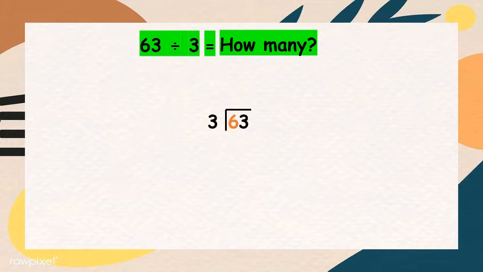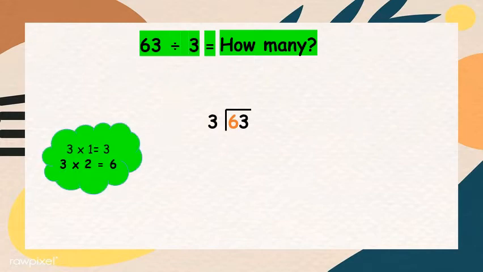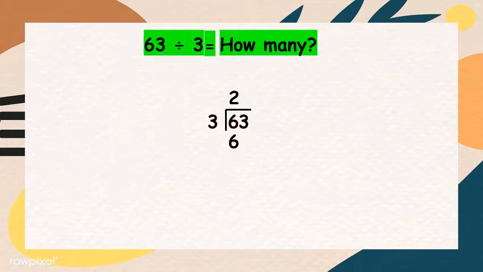So, say the 3 times table up to 6. So, 6 divided by 3 equals 2. Write the 2 above the line in the tens place of the quotient. The product of 2 and 3 is 6. Then we subtract: 6 minus 6 is 0.